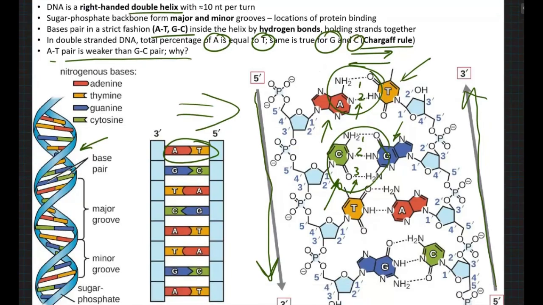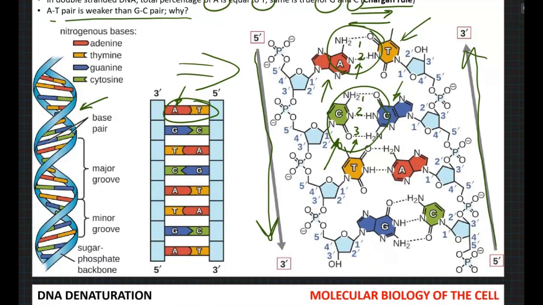Because where you have A, there's a T. And where you have T, there's an A. And the same is true for G and C.